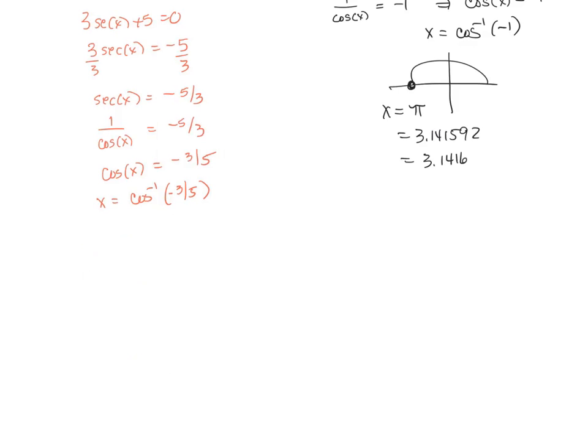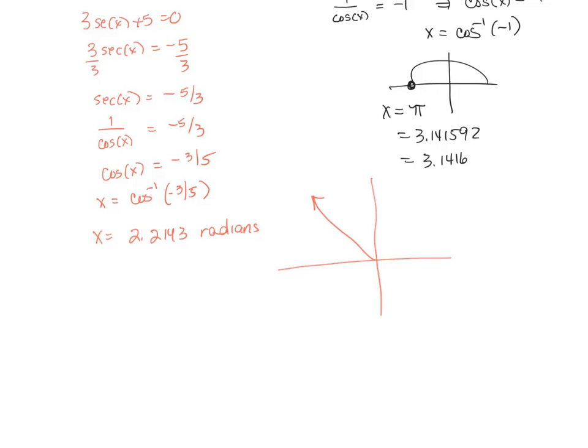On your calculator, you can plug this in. Make sure you're in radian mode because it did ask for the solution in radians. You will get one solution, that x is equal to 2.2143 radians. Now, the problem with this is that there are two solutions. Remember, the inverse function gives you an angle in the restricted domain.